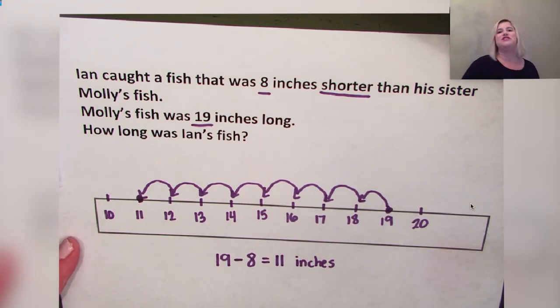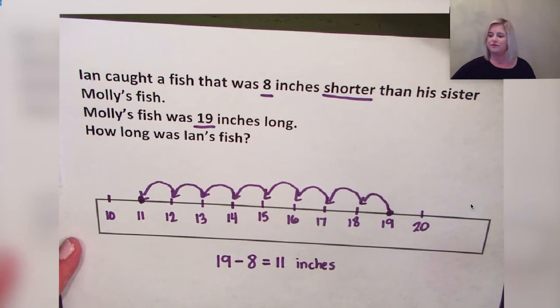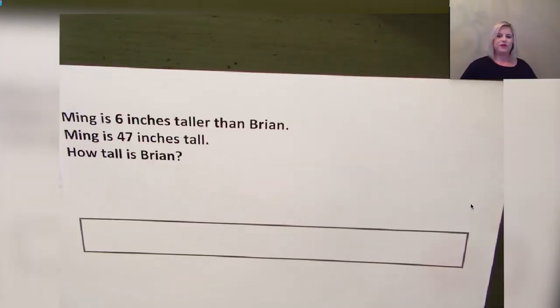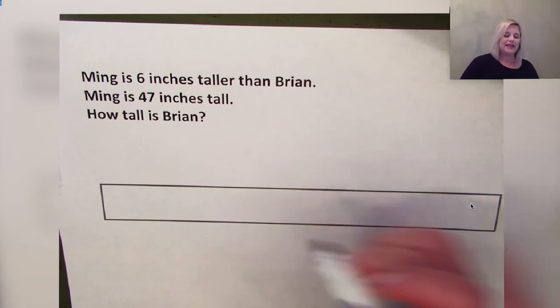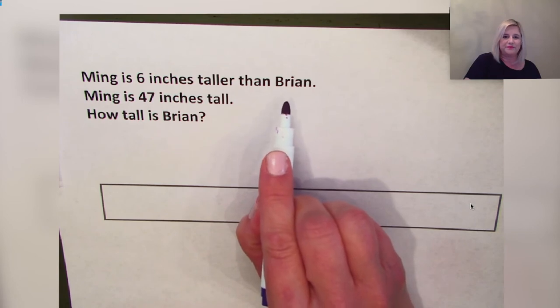Now what we're going to do is we're going to read another story. And this one is also about Ming and Brian. One is taller than the other. So let's look at that. I want you to read this to yourself, and then we're going to read it together. Ming is 6 inches taller than Brian.